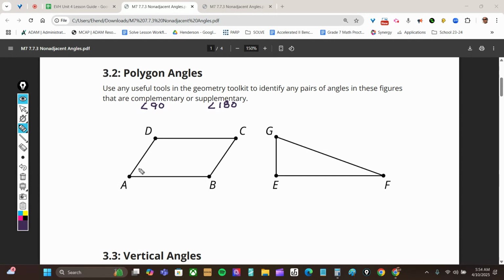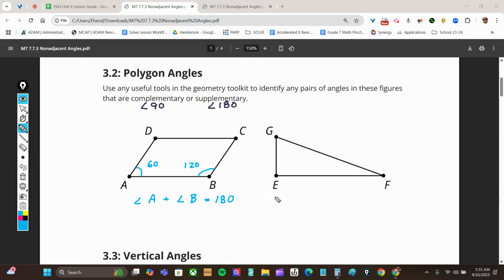Okay, so let's say that this is, so you can see this a little better, let's say that this is 60, then this one right here could possibly be 120. Okay, so these together, angle A plus angle B would equal 180.